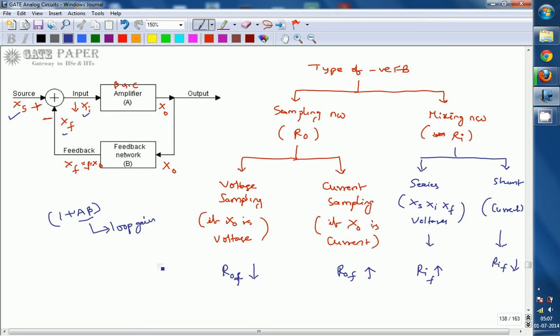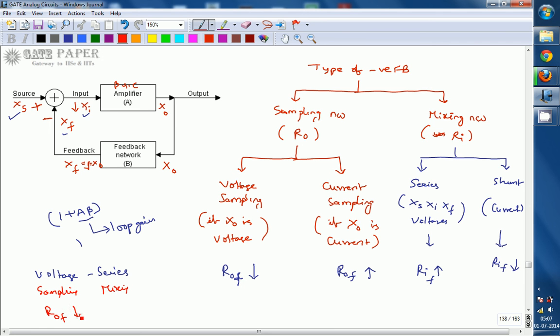Here the question asked is related to voltage series feedback. In voltage series feedback, the first word is related to the sampling and the second is related to the mixing. Voltage sampling is related to the output impedance, which reduces with feedback.